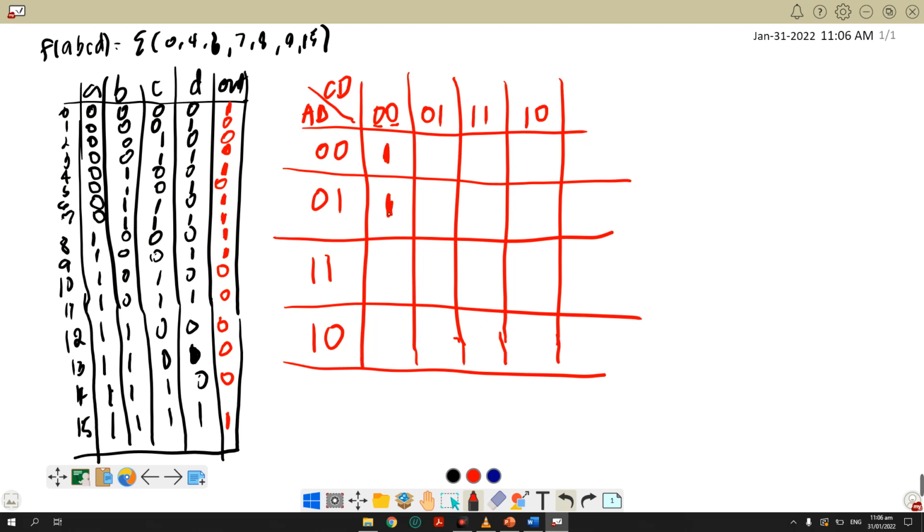Then we have 6. 6 is 0, 1, 1, 0. Next is 7. That is 0, 1, 1, 1.